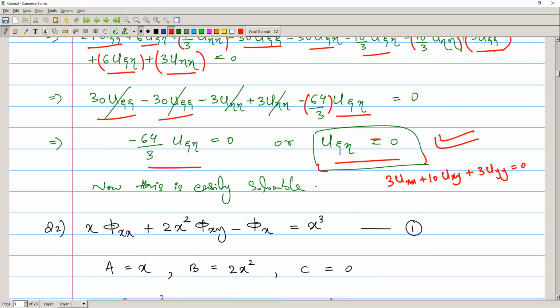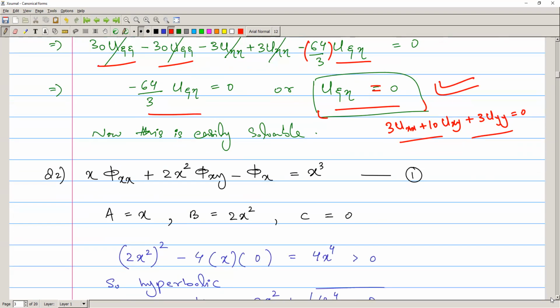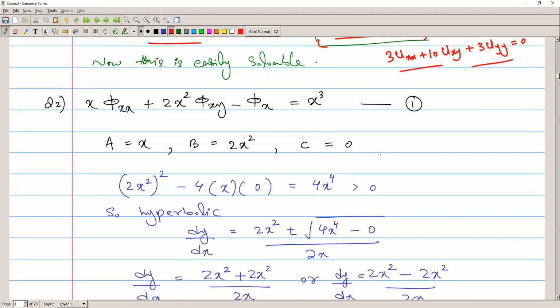So we can integrate this with respect to eta first, and then with respect to psi we will get easily the answer in terms of function of psi and eta. So here you see how to transform the given differential equation to the canonical form, right? So now we'll take another question.